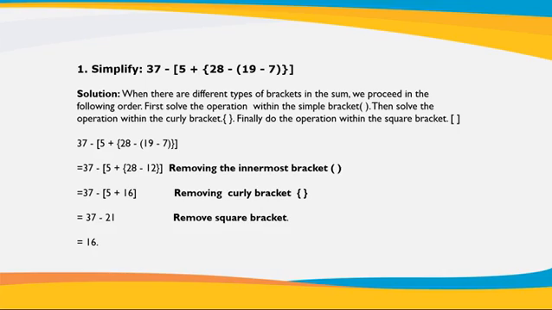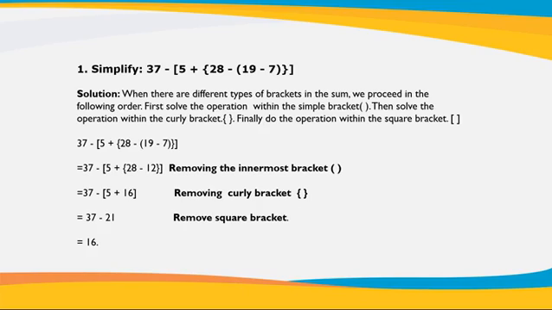But remove the round brackets and in its place you write 12. Now next step, you will solve the number within the curly bracket. So 28 minus 12 becomes 16. So after this step you will write 37 minus 5 plus 16. 5 plus 16 will be inside the square brackets.